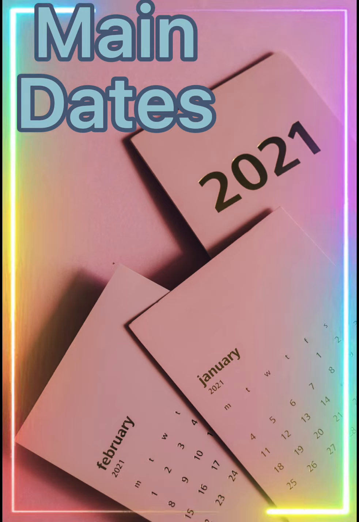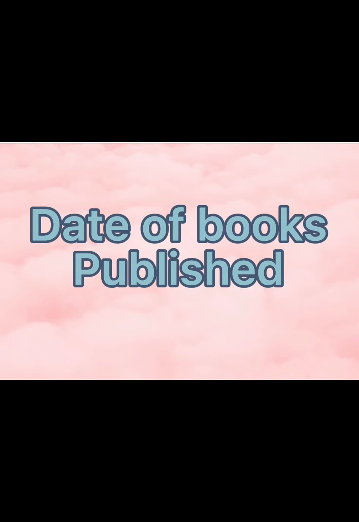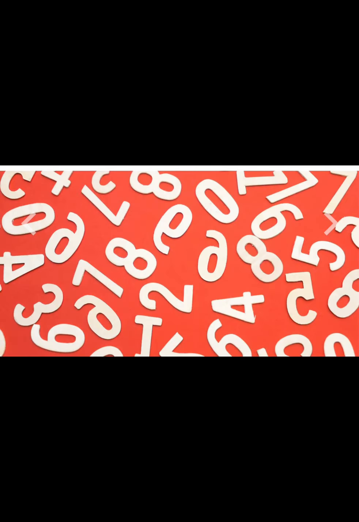Whether that is, for instance, of some incident, date of birth, demise, date of any treaty sign, enactment, ratification date, law-making date, resolution, formation of anything, any historical facts, project date, date of books published, or any research work published. So we can just sort out the main dates that are there in our course content.